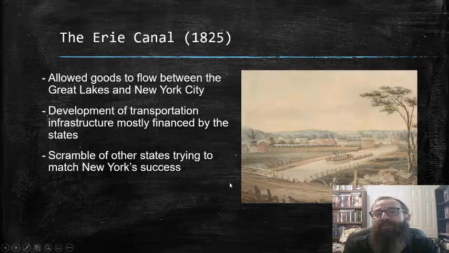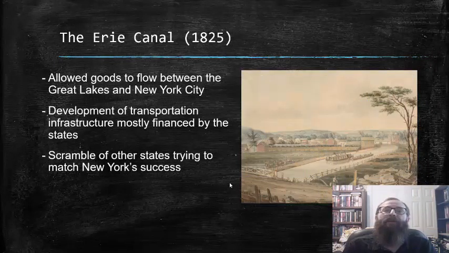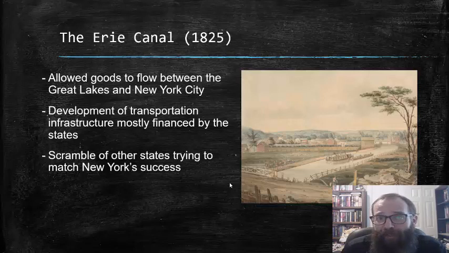The success of the steamboat led to new calls to develop a canal system in the United States. Canals were a way to connect existing waterways to each other, which greatly expanded the scope and the reach of the market revolution in this era. The first of these canals was the Erie Canal, finally finished in 1825.